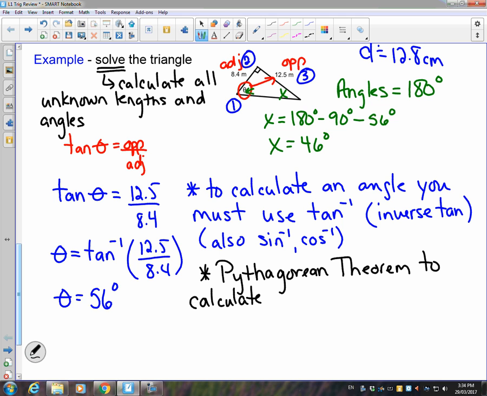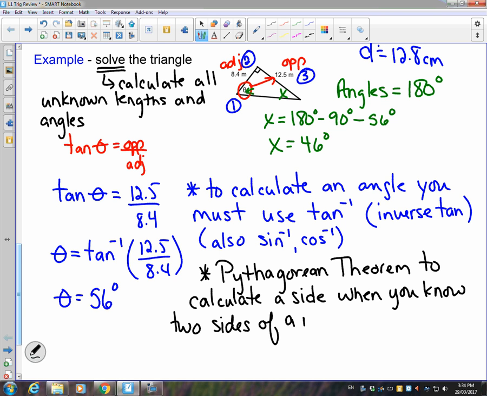To use Pythagorean theorem, you need to know the lengths of two other sides. And it only works for right triangles. So I know two sides of my right triangle. What I'm missing is the hypotenuse.